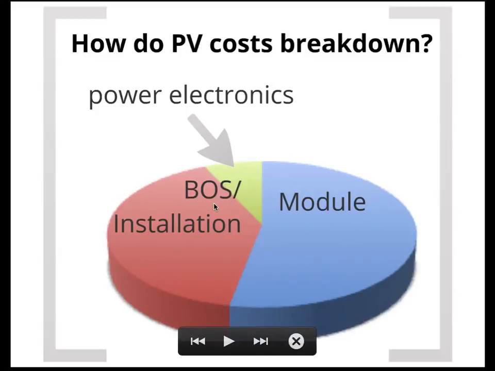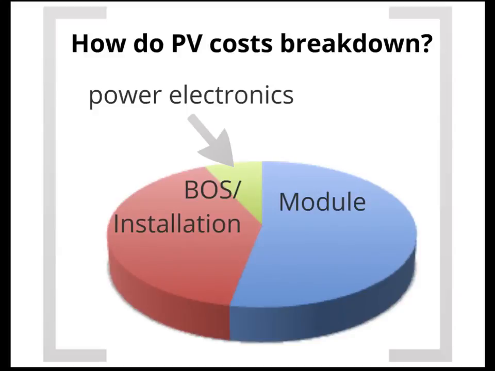And a huge chunk of the cost is the balance of system. This is the cost which doesn't include the module cost and the power electronics. So basically, it's the cost of the mounting structures, the labor cost to put them, the cost to install them, and the cost for maintenance, storage, battery, the wiring system, all those costs.